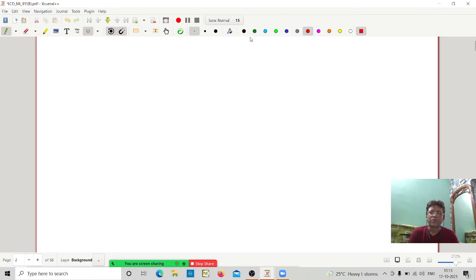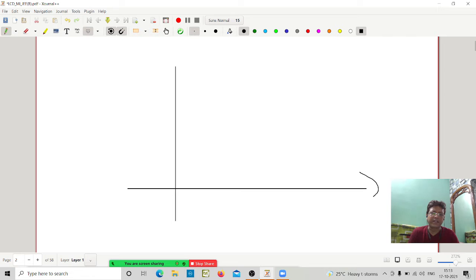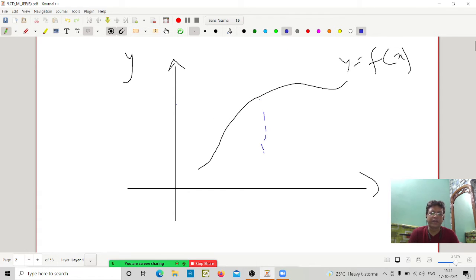Yeah, so let's have the x axis, and this is the y axis, and this is the curve y equal to f(x). So for x equal to a, this is the point a, and take a very small neighborhood of a: a minus delta, a plus delta.